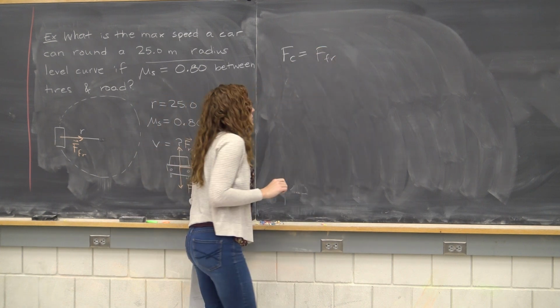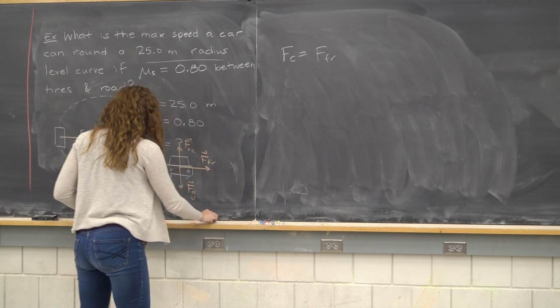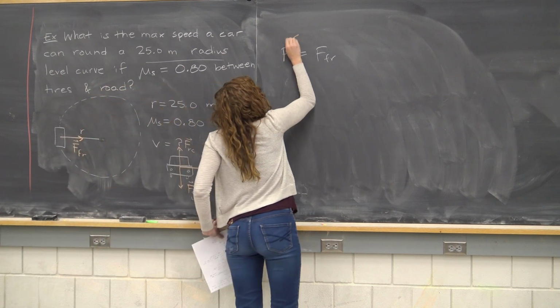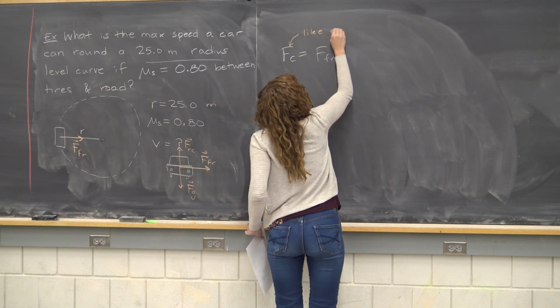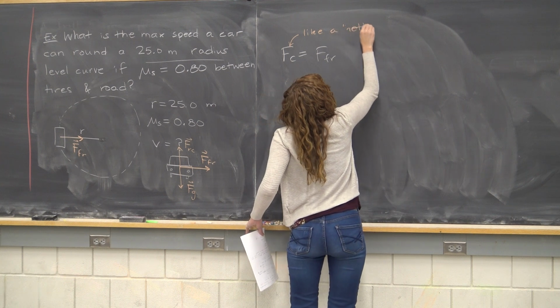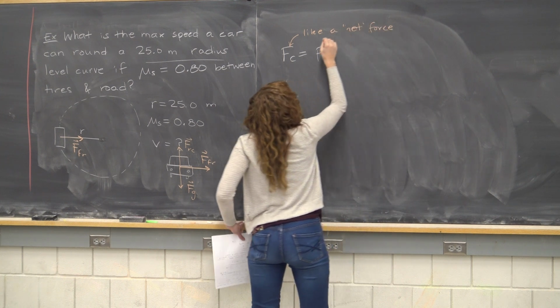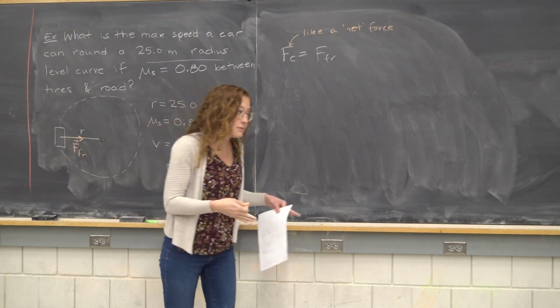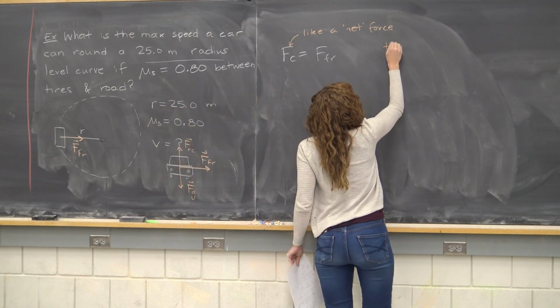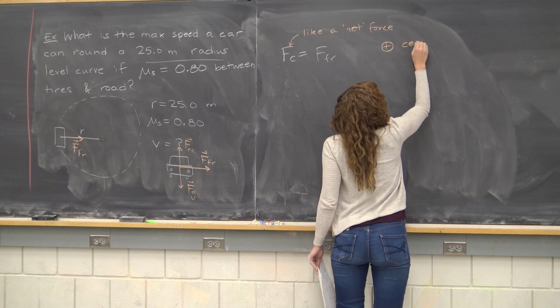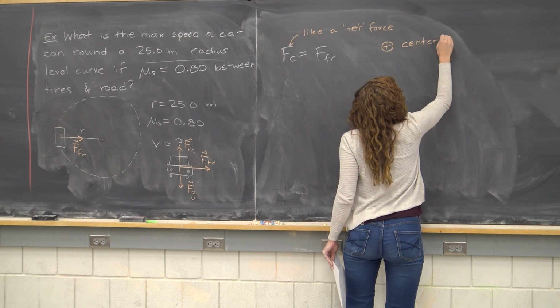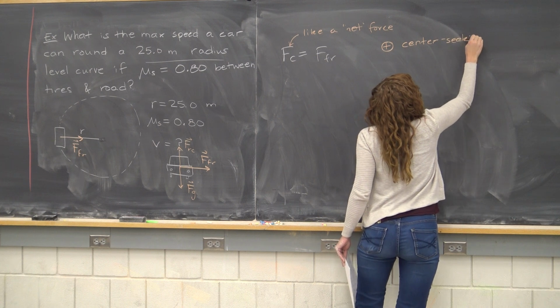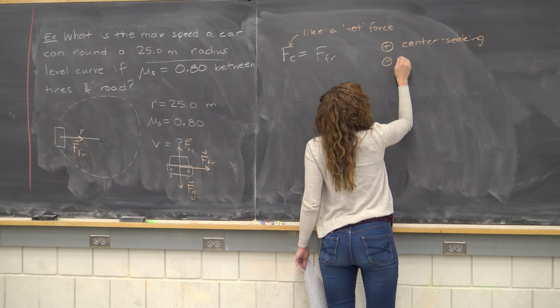So here we go. Our centripetal force, again, we think about the centripetal force sort of as a net force, where our directions really are positive if it's center-seeking, negative if it points away from the center.